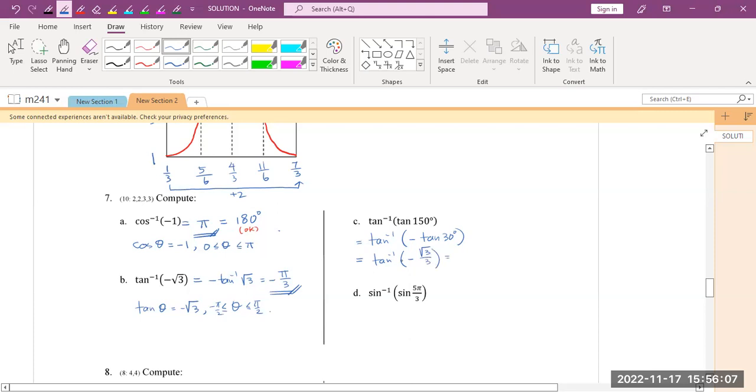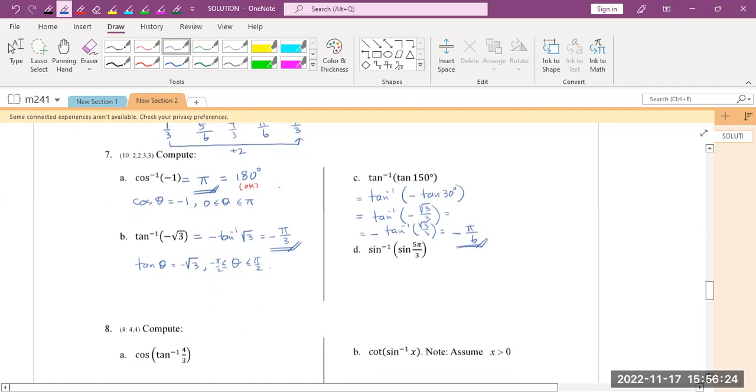Now tangent inverse of a negative is the negative of tangent inverse of radical 3 over 3, which is negative of pi over 6. Okay.